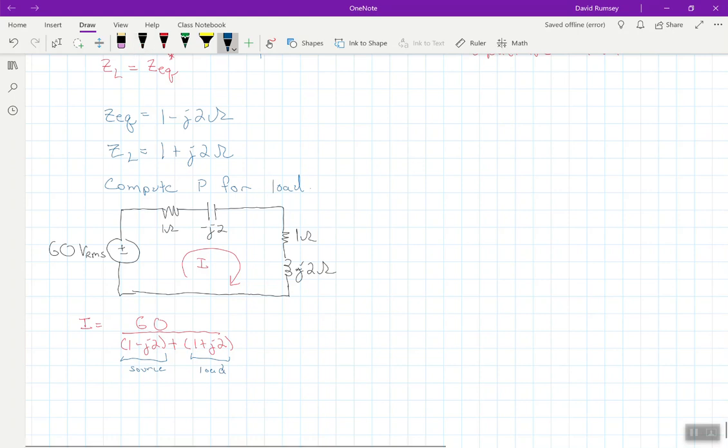But notice what happens here. These imaginary portions cancel out, and I get 60 divided by 2, which is 30 amps. Now, what's really important to notice is that the current is in phase with the voltage source.